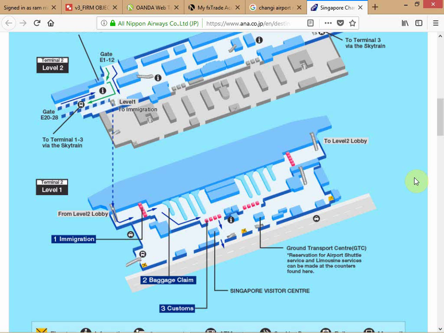I didn't want to waste time drawing those three-dimensional diagrams. The concept we are trying to cover here is that the hedge position and the underlying position are managed separately. Here you can see level 1 and level 2 of Changi Airport. Let's imagine that level 1 is the underlying position and level 2 is the hedge position.